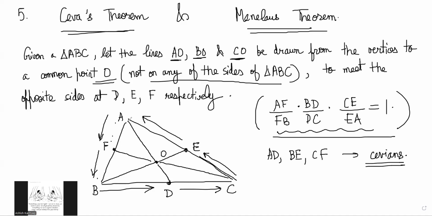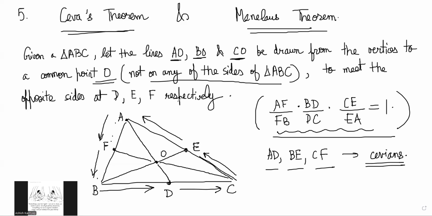Any lines from one vertex to the opposite side of a triangle can be called a Cevian. There are some Cevians which are special, like angle bisectors or medians. There is nothing special about AD, BE, and CF right now. These are 3 random lines drawn from the vertices to the opposite sides. Do you understand what I'm saying right now?